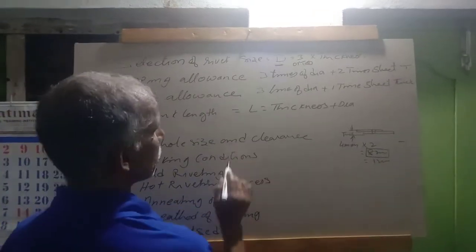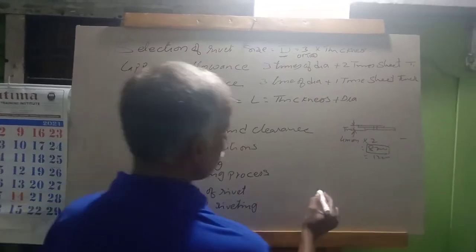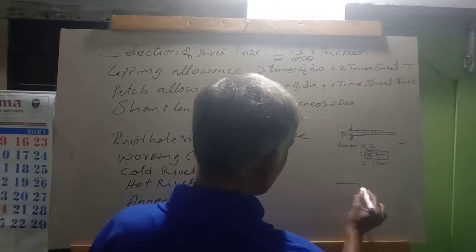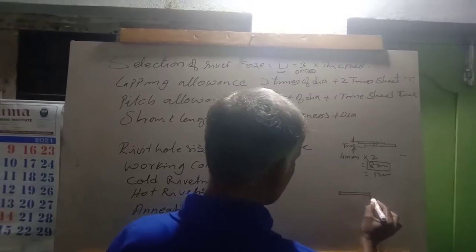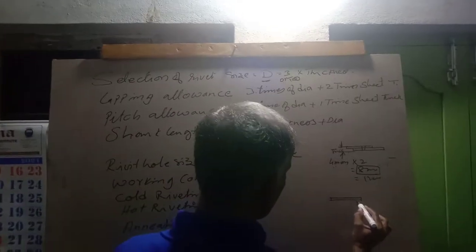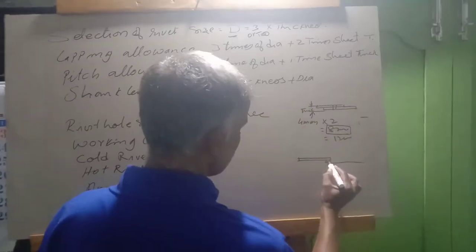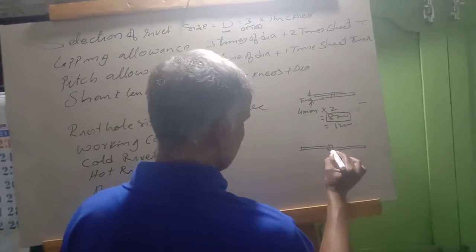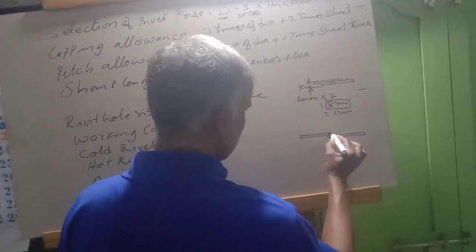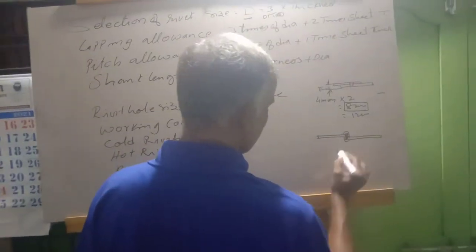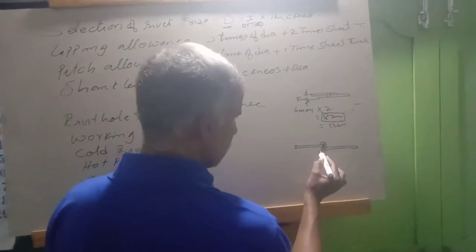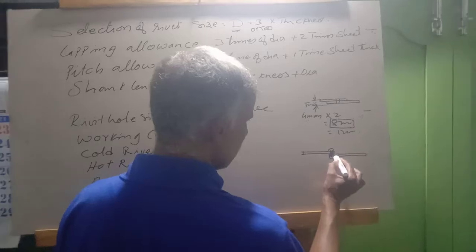Lapping allowance. Now see, we are making a sheet joint. If I put the sheet joint like this, drill here and make a rivet, this edge material is very little.